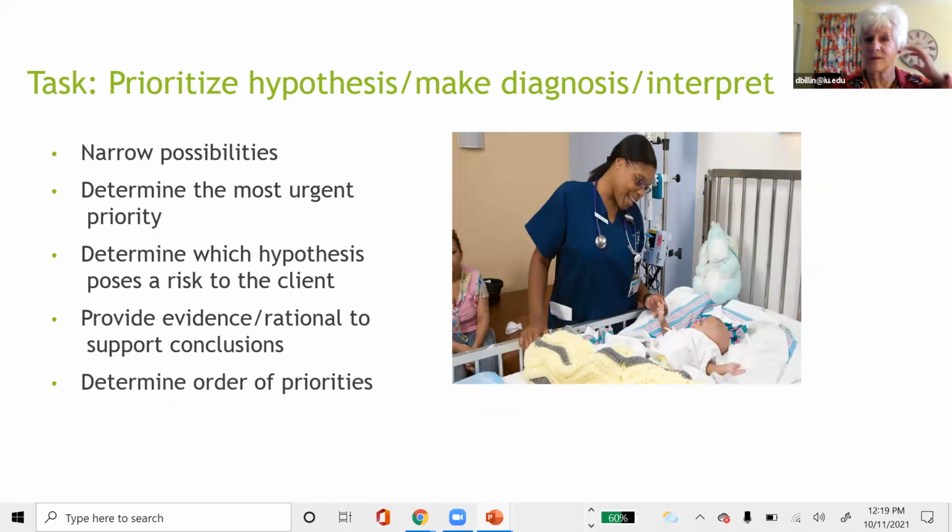In Tanner's model, we're interpreting all of this. So the nursing student is putting this together, coming up with some kind of a conclusion, looking at what's really going to be most important, the urgency of it, and thinking through what's most important.